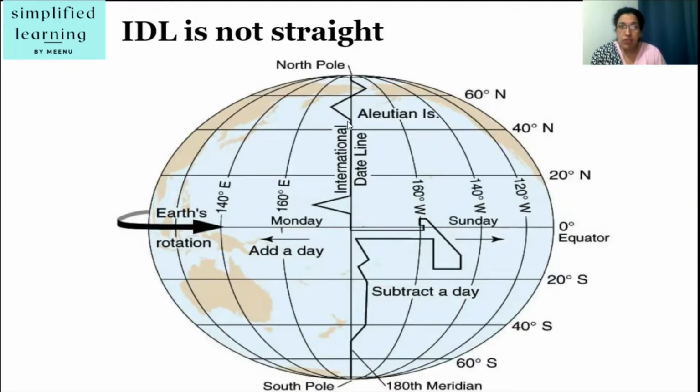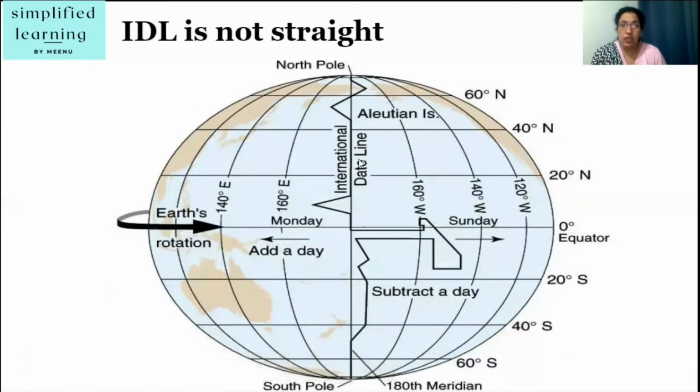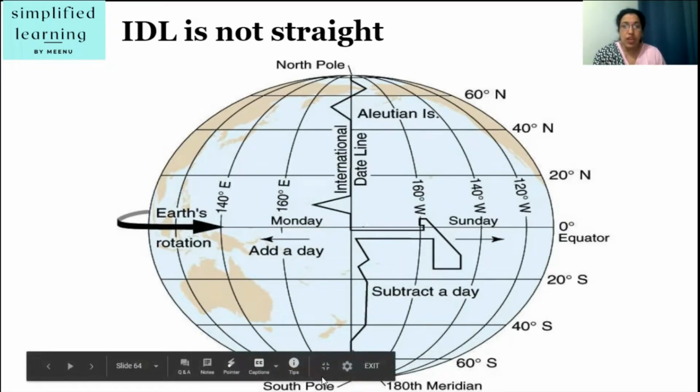So because of this international dateline, there is a difference of 24 hours between this area and this area. So if it happens on the same landmass, then what will happen? Then the same place would have different dates in the same day.